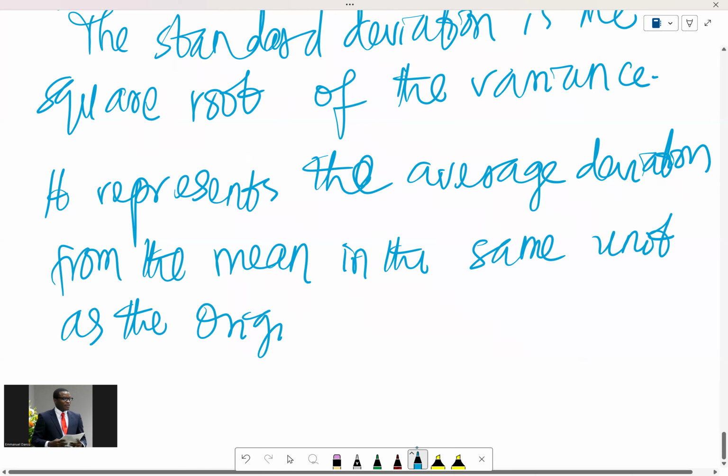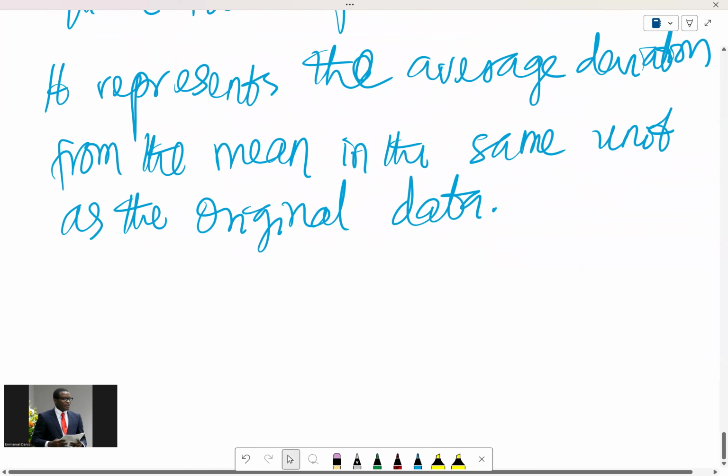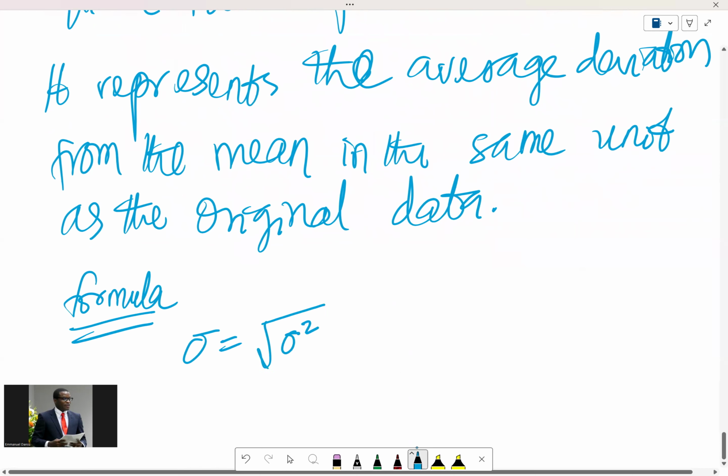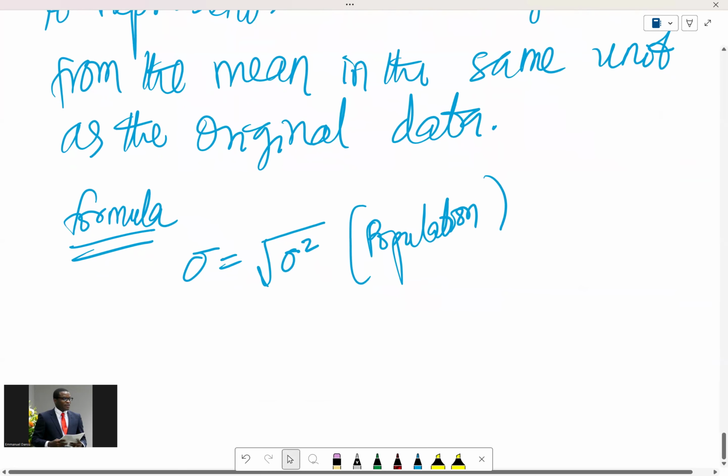So the formula is like this: sigma, the standard deviation, equals the square root of sigma squared. That is for population, the standard deviation for population. Whereas s is the square root of s squared, and that is for sample. In fact, for sample, we call it standard error, not deviation per se.